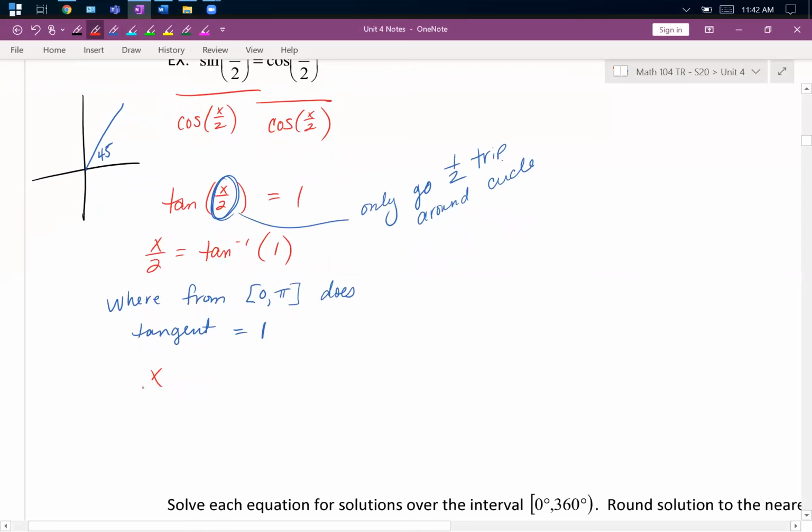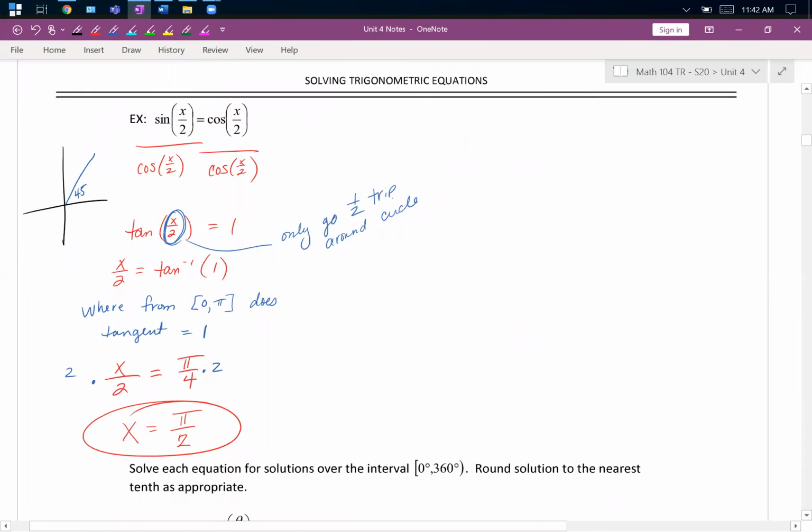So we are getting that x over 2 is going to be equal to pi over 4. But what we really need is to solve for x, so we're going to multiply both sides by 2 and get x equal to pi over 2. Oh no.